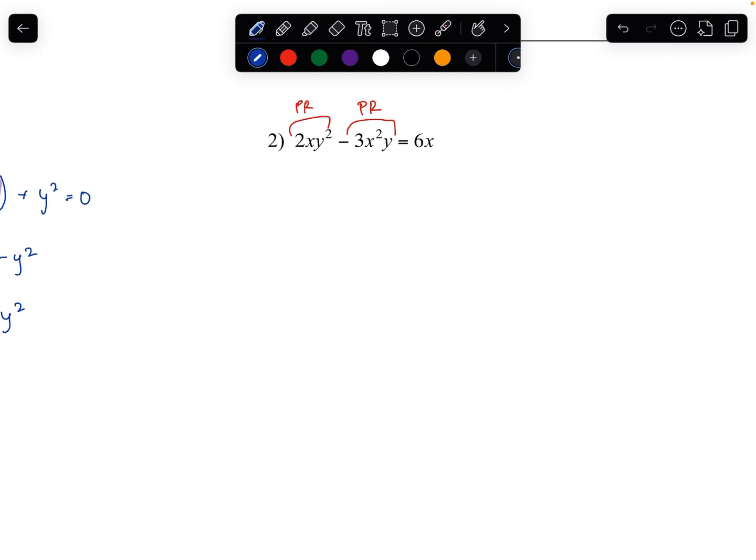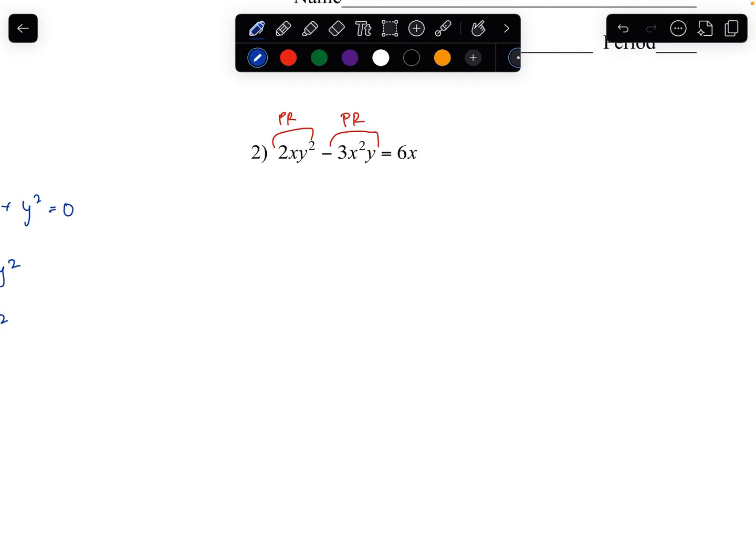Okay, so we'll say the first, 2x, times the derivative of y squared, which would be times 2y. But again, thinking that y is not the same as x, you have to multiply by y prime, the chain rule. So we have the first times the derivative of the second plus the derivative of the first times the second.